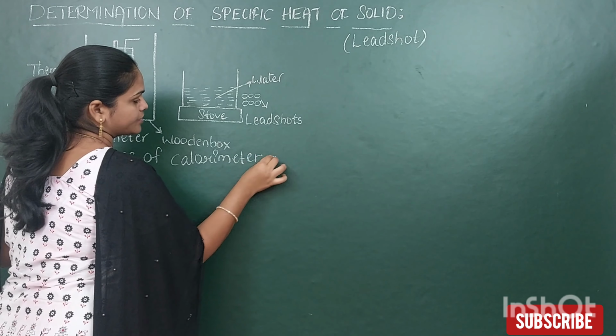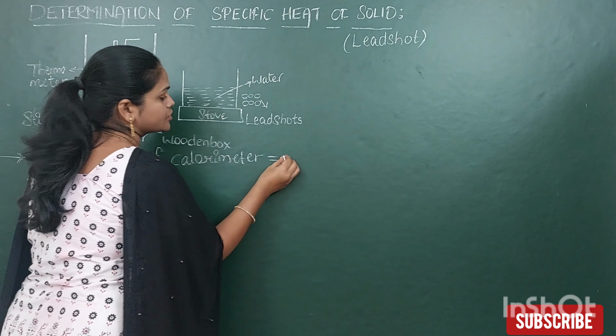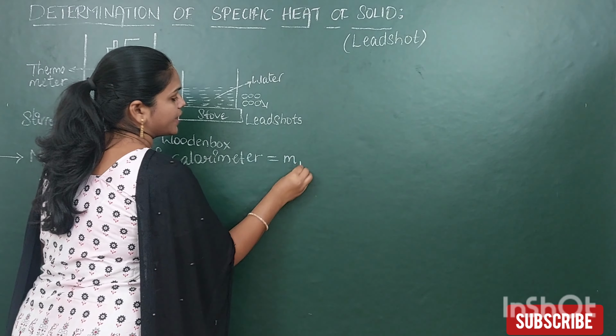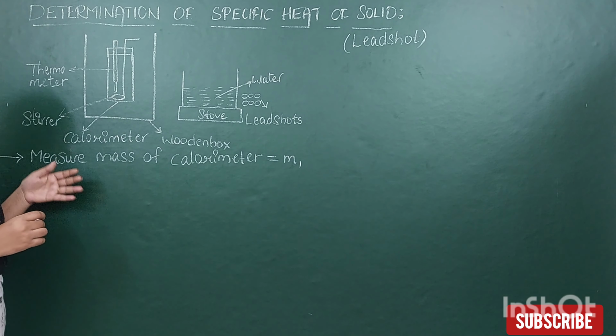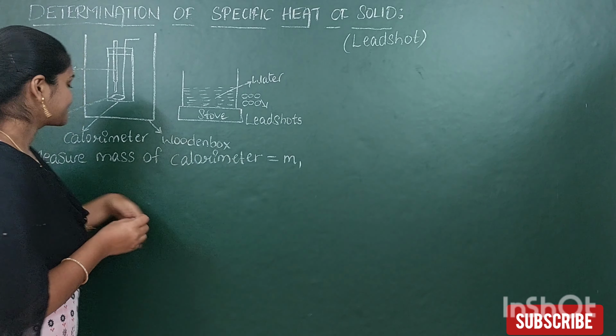When you measure the mass of the empty calorimeter, the weight you get is M1. So the mass of the empty calorimeter is M1.